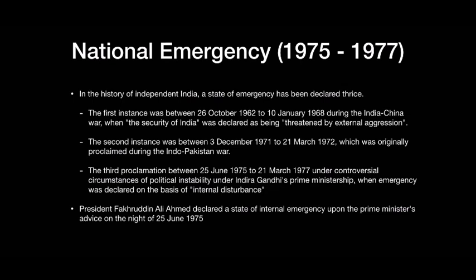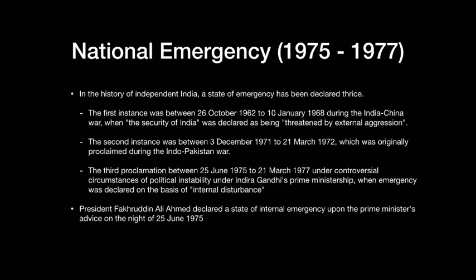Years before emergency was declared, there was a trend where the Indira Gandhi government tried to control the function of the judiciary. There was rising political and civil unrest like the student unrest in Gujarat, which led to imposition of President's rule in the state.